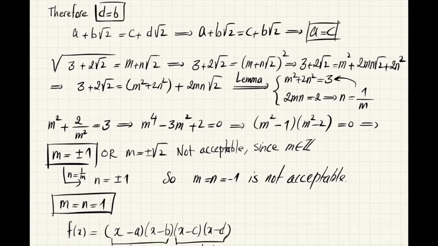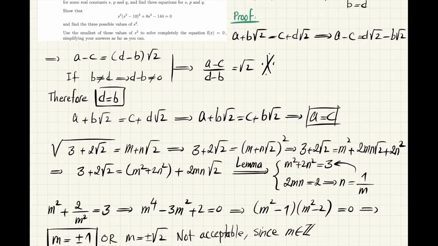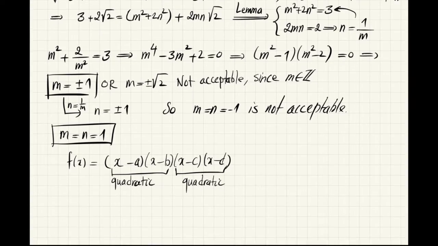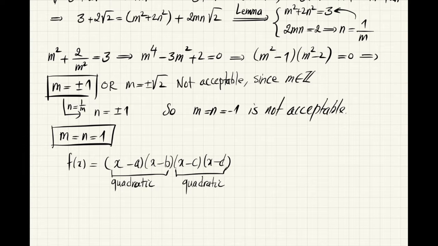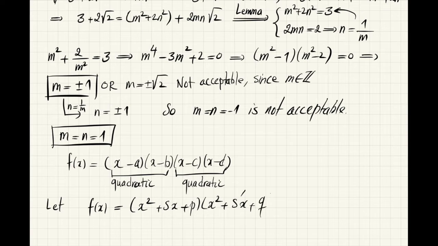Okay, how can we prove that? Let me think in this way. I would say that let f of x be decomposed into two quadratic forms. Let us call one of them s, and let me call the other one s prime. What I know is that the coefficient of x to the 3 should be 0.